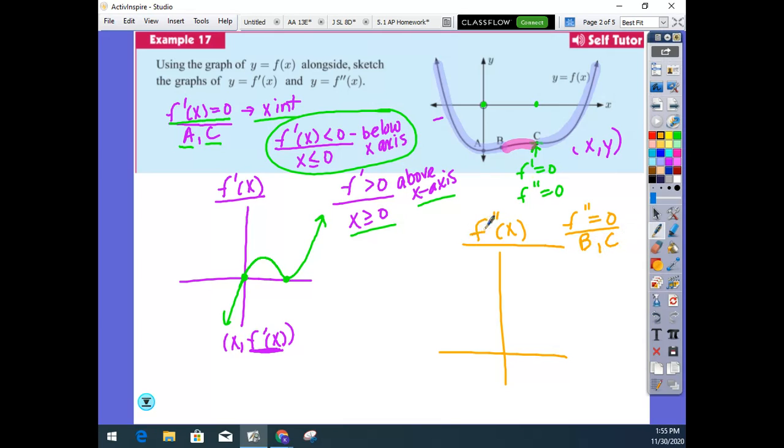So if I'm looking at the f double prime graph, where f double prime equals 0 corresponds to the x-intercept, where it crosses the x-axis.